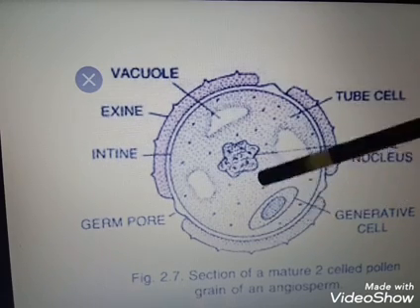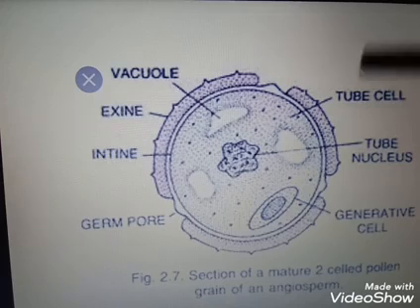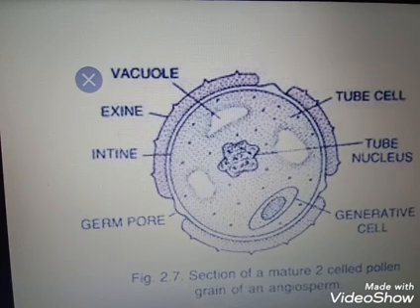This generative cell floats in the cytoplasm of the vegetative cell. On maturation, the generative cell gives rise to two male gametes. That means two male nuclei. Clear? Firstly, the pollen grains have two cells, the vegetative cell and the generative cell.